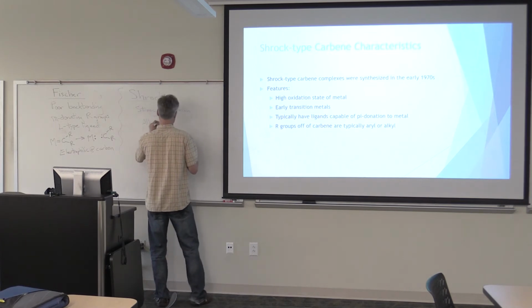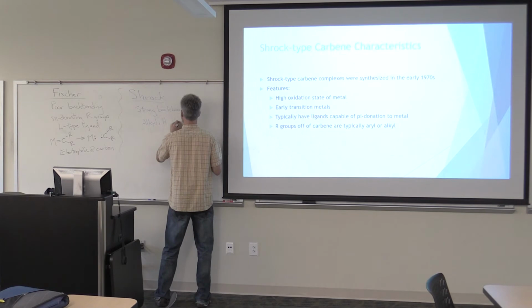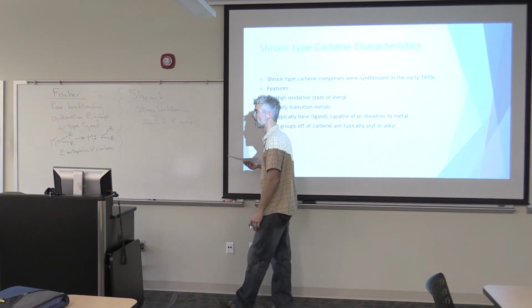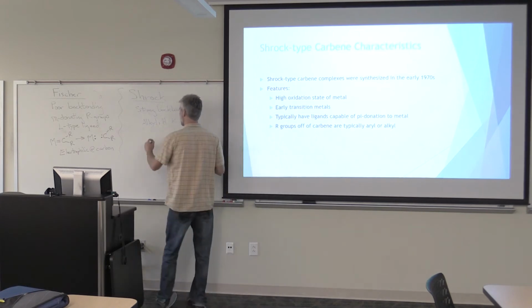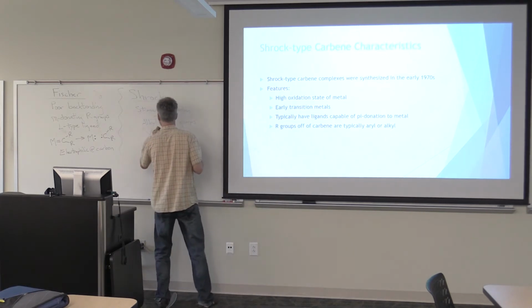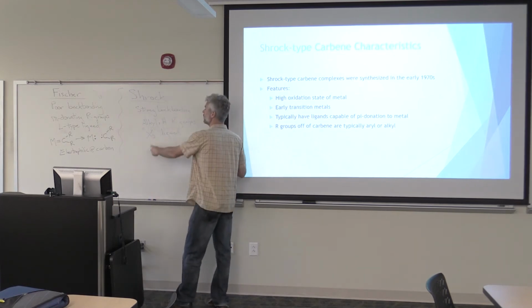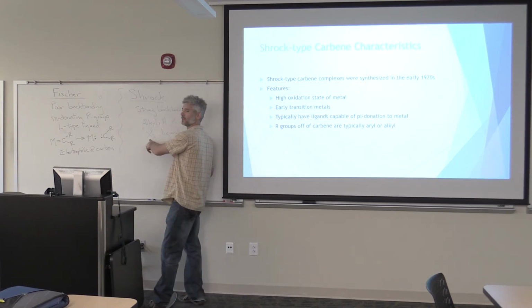And as far as the R groups go, alkyl groups and hydrogen are going to be typical. Unlike your Fischer-type carbenes, we treat these as X2 ligands.